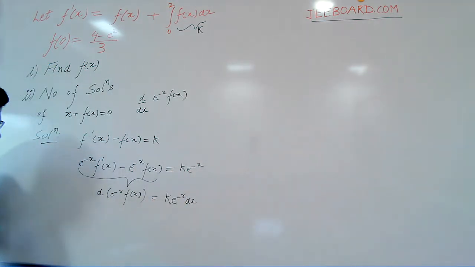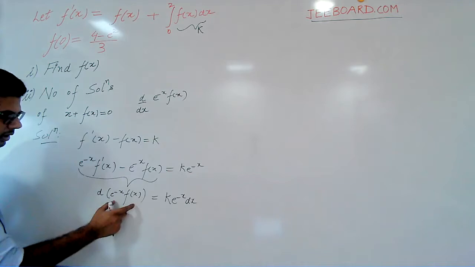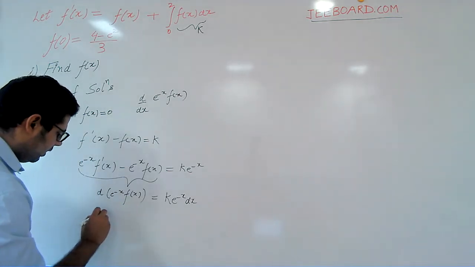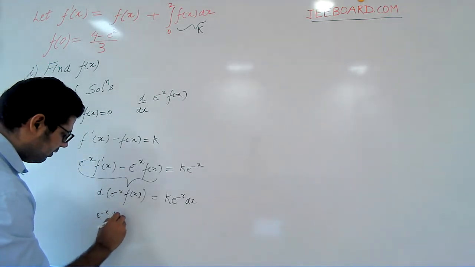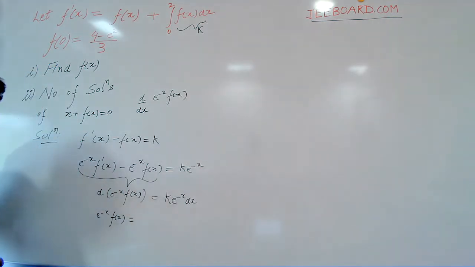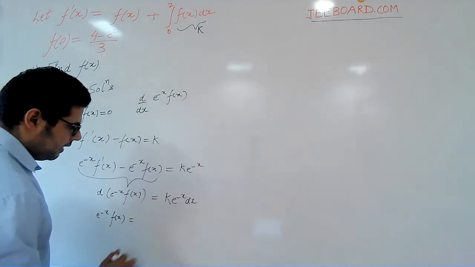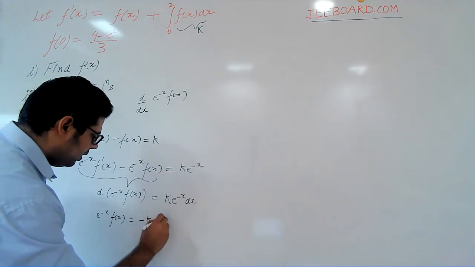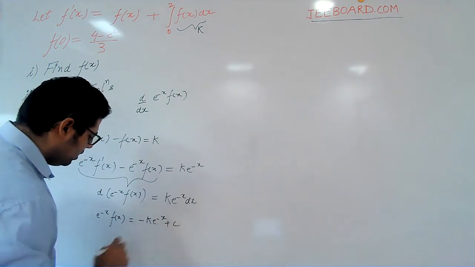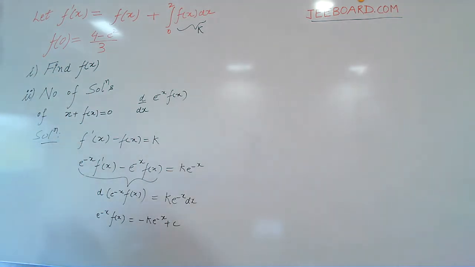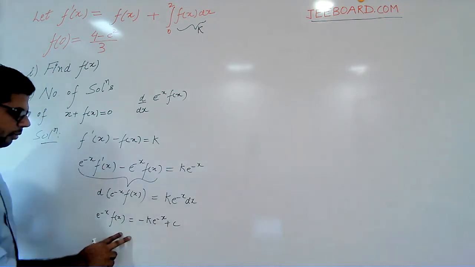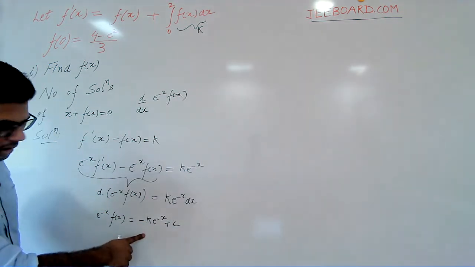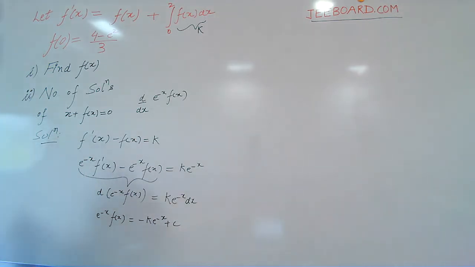You can integrate both sides. Once you integrate, this function will be as it is, so it becomes e raised to the power minus x into f of x equals the integration of this portion, which is minus k times e raised to the power minus x, plus some constant c, right? So from here, at least you will get the function f of x in terms of k and c.